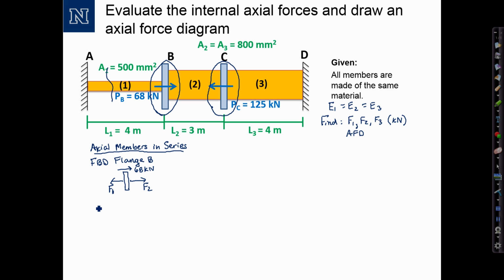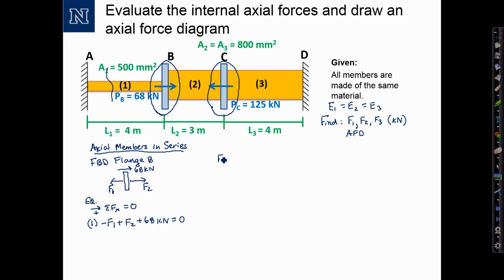And our equilibrium equation, based on that free body diagram, we're going to take the sum of the forces in X equal to 0, positive acting to the right, and this is going to be equation 1: negative F1 plus F2 plus 68 kilonewtons equals 0. And I'm just going to leave that alone for now and come back to it.